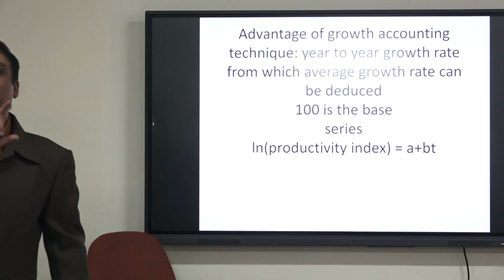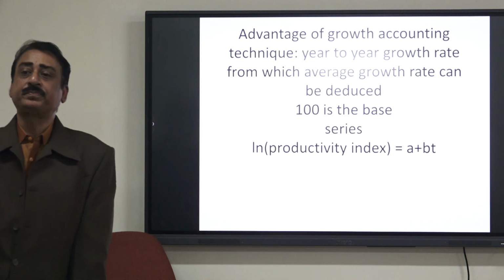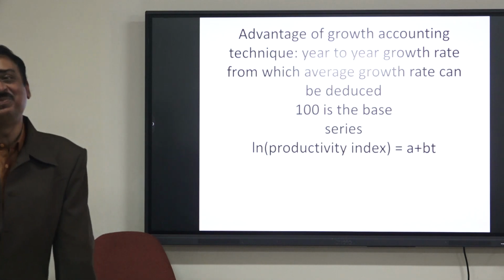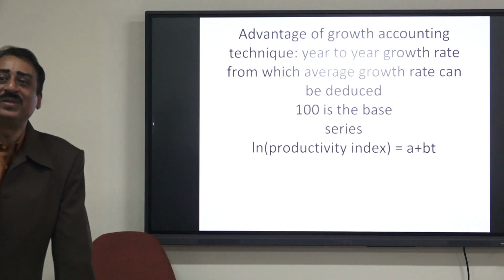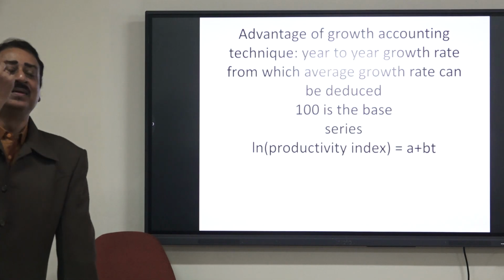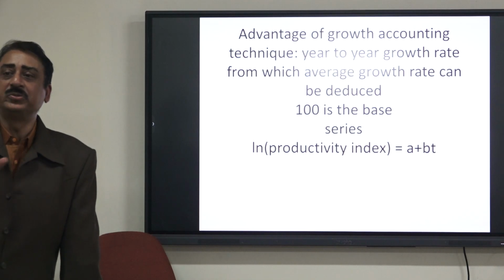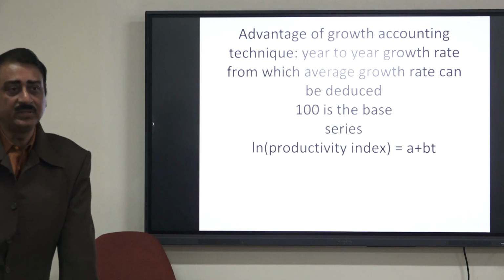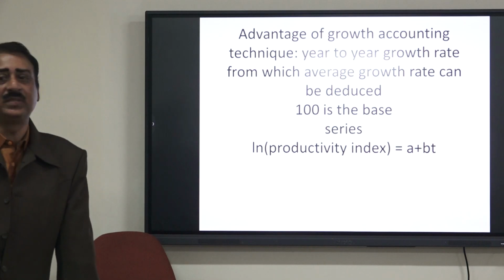Okay. So if someone is asking you, I want the figures for each year, then you will not be able to work it out through pure econometric method. You will just present one figure, that during this period 80 to 2024 the total factor productivity growth rate has been, let's say, 1.1 or something like that.